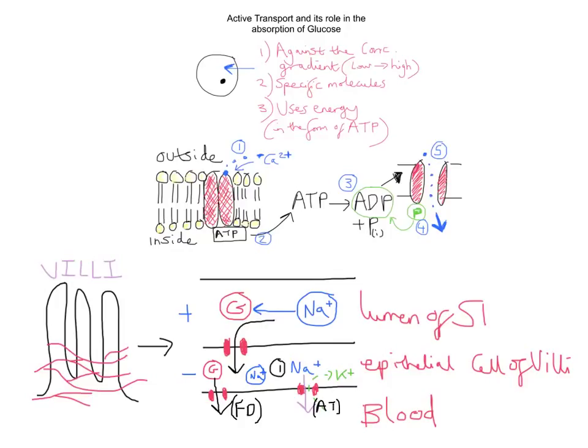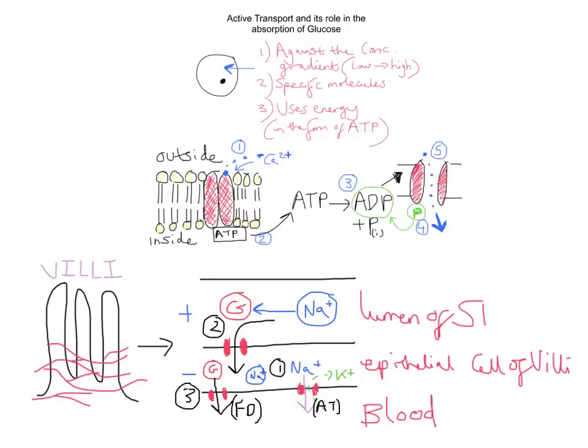So we actively transport sodium out. That's the first stage. Then sodium coupled with glucose will come in from the lumen into the epithelial cell, and then finally glucose, once detached, by facilitated diffusion will pass from the epithelial cell into the blood.